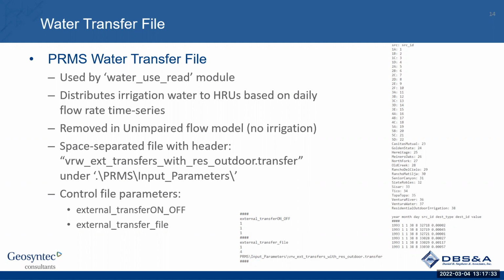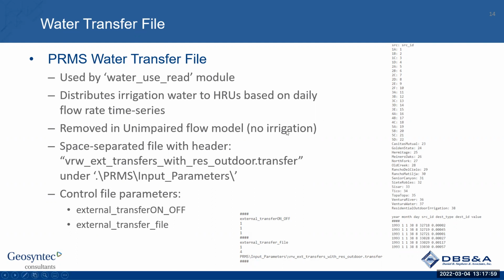So this is, again, a space separated file with a header. What this file does is it splits the irrigation into various regions. There is a PDF in one of the model folders that I'll show in a bit that you can see what each region is. And it's also in the model report.